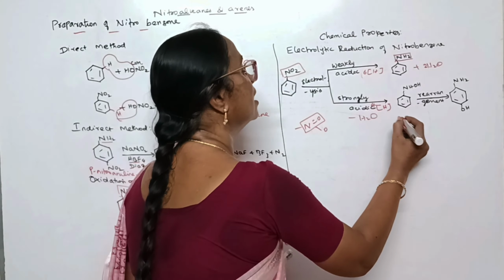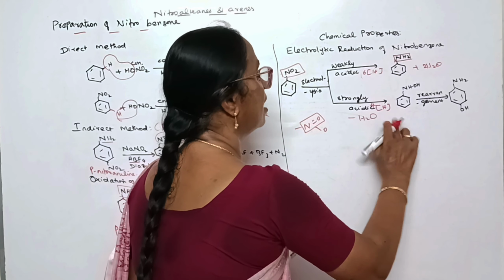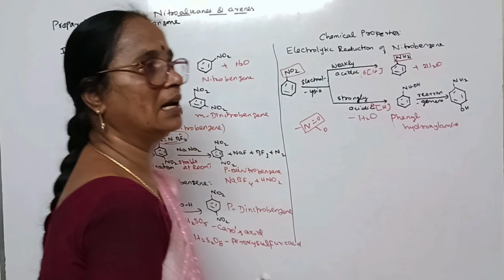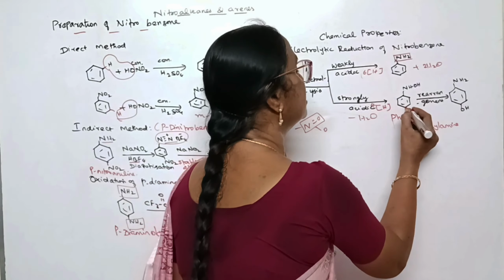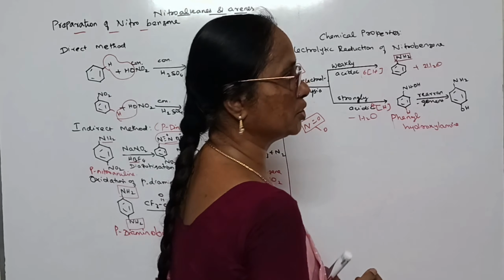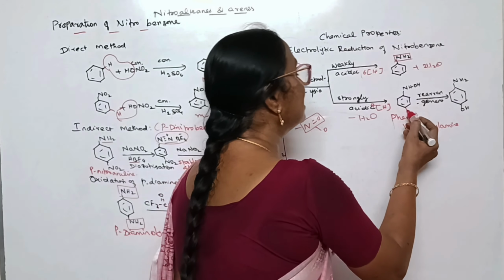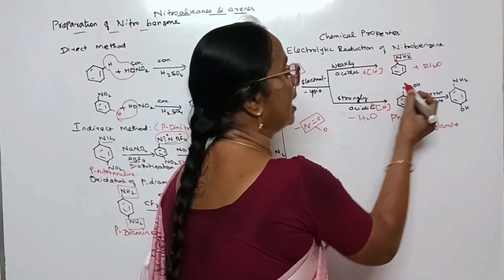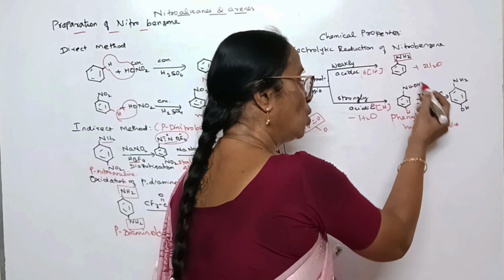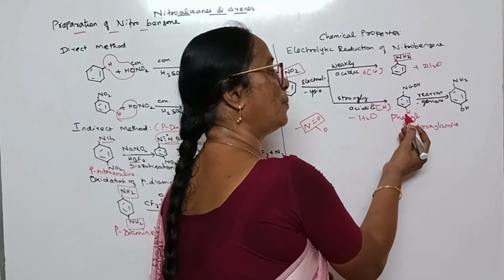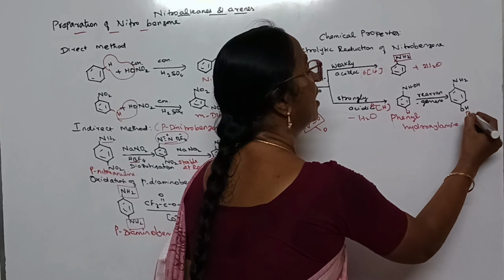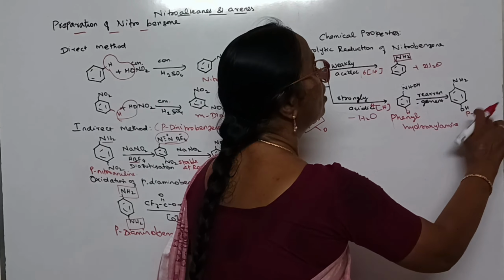So this forms phenylhydroxylamine. This phenylhydroxylamine undergoes rearrangement with the para position. The para position actually has hydrogen. So the hydrogen is attacked by the NH group and the OH group is attached to its para position. So we are getting para-aminophenol.